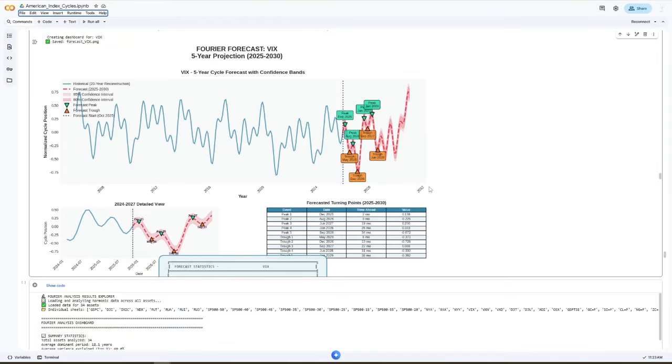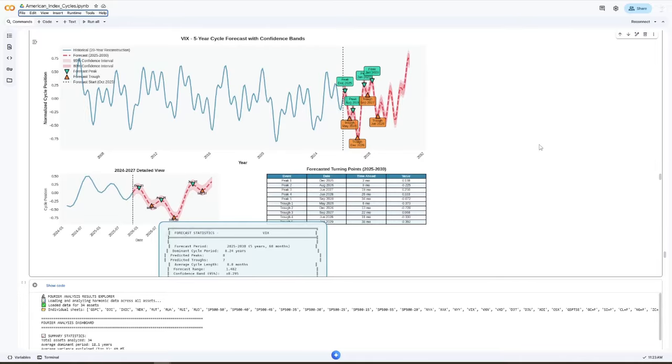So my cyclical forecast model tells me we are going to have volatility going up in the coming months, and this volatility will stay in the market down to May 2026, when we will have a trough. So it will be gradually decreasing.